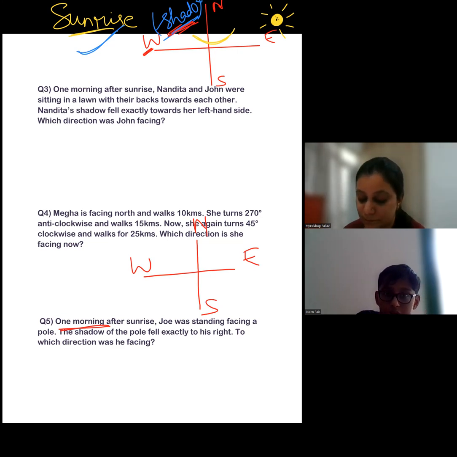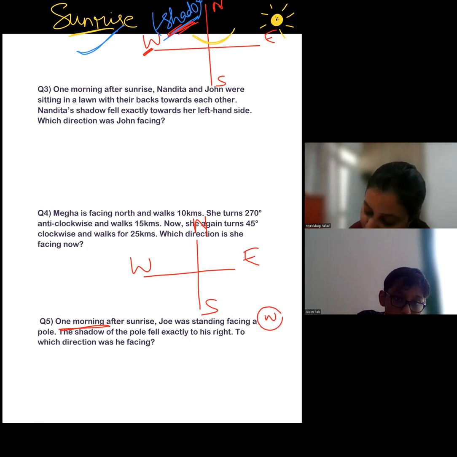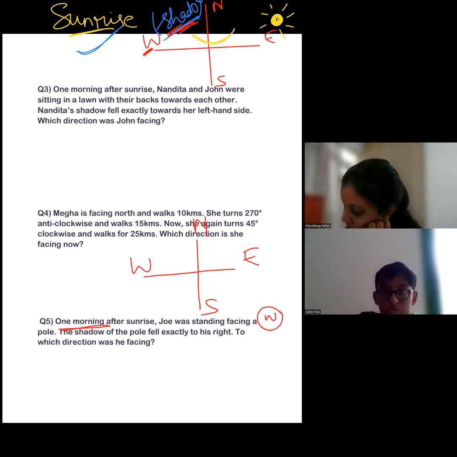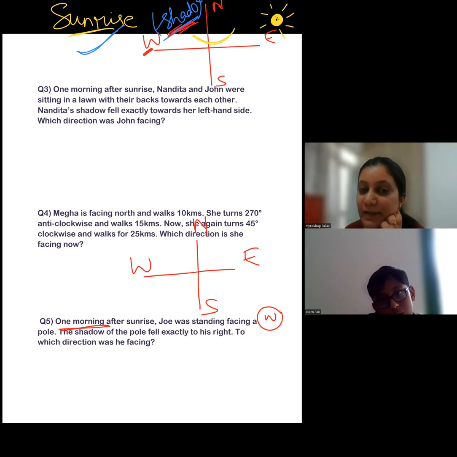Ma'am, Joe is facing west. Joe can't face west. In the west, the shadow is already forming. Then in the west is the shadow itself, so he'd have to be facing south. Yes. I think now you're correct.